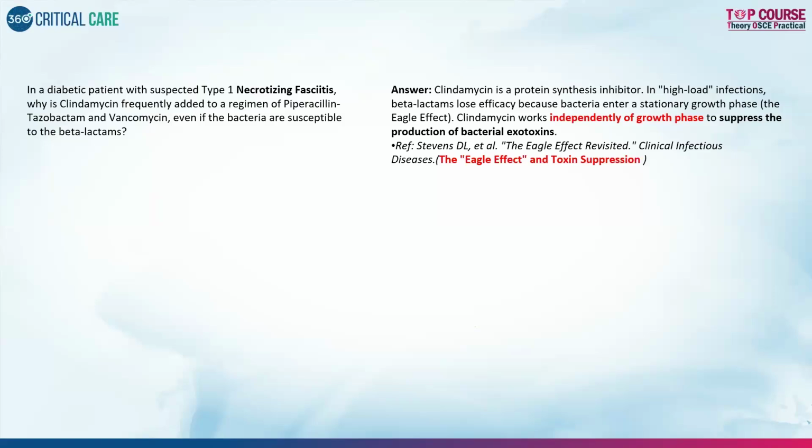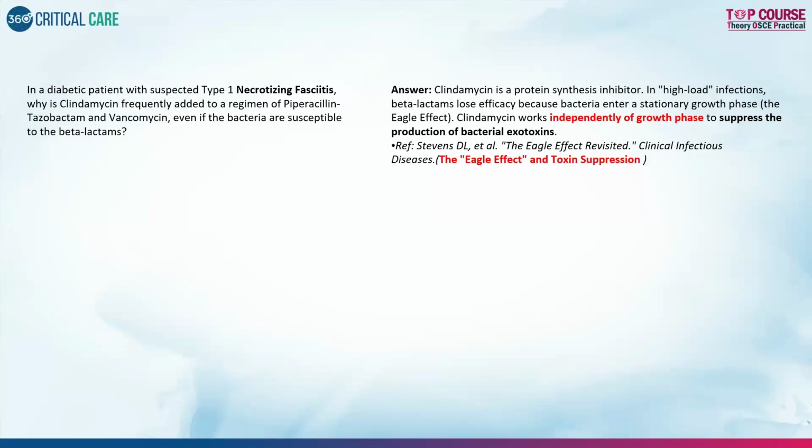This exotoxin covers the bacteria and forms a protective barrier. To remove this toxin, we need to use clindamycin. This is the use of clindamycin in necrotizing fasciitis.